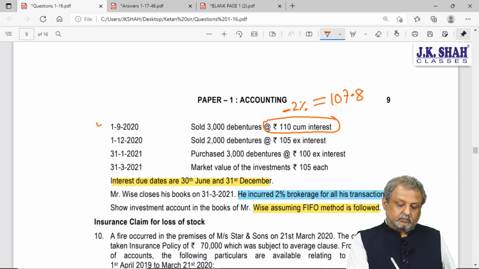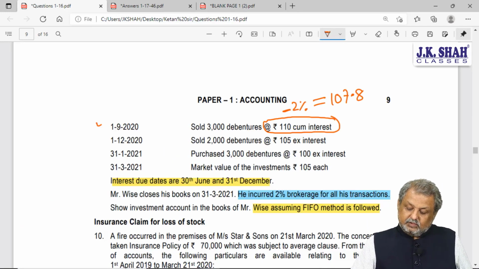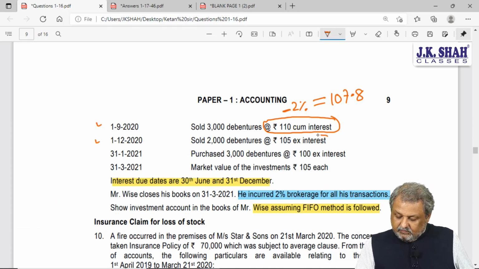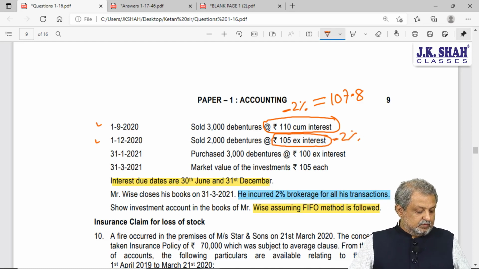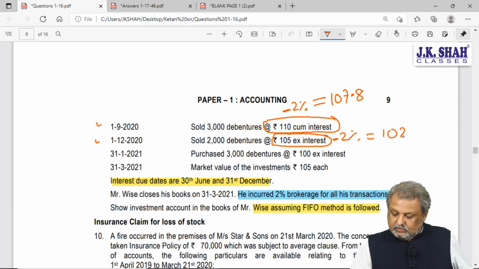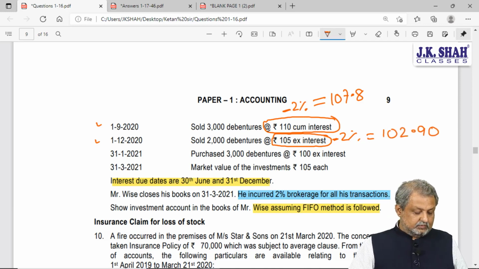Then on 1st December, again there is a sale, but now it is 105 ex interest, so minus 2%. So 105 minus 2%, 102.90.